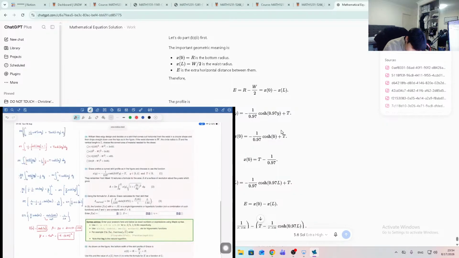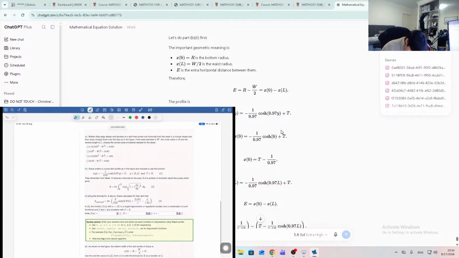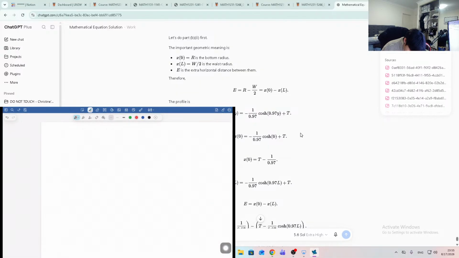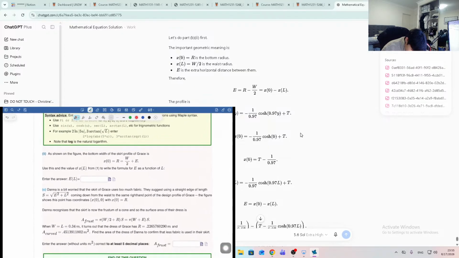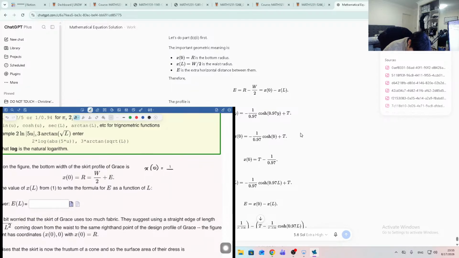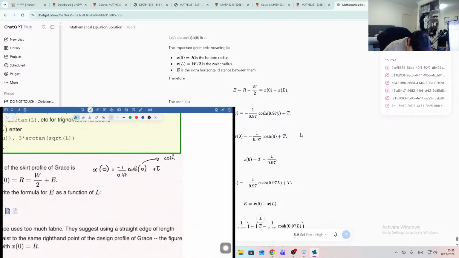Honestly, I hope this question doesn't come out. x0 is equal to t minus 1 over this cosh 0. Cosh 0 equals e to the 0 plus e to the 0 on 2, which is 1.